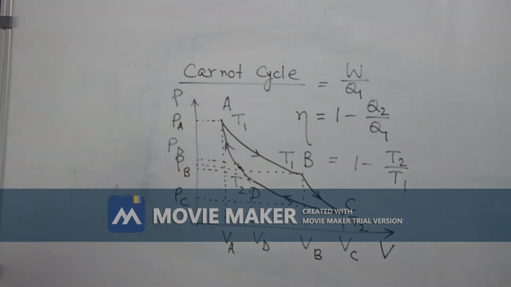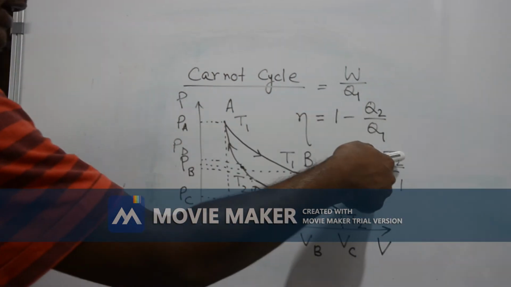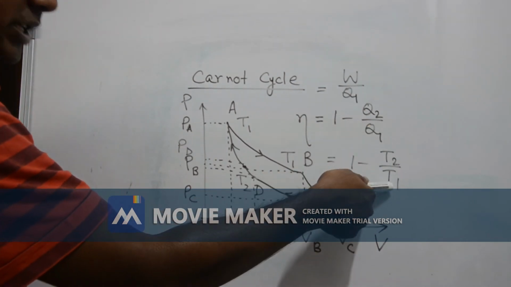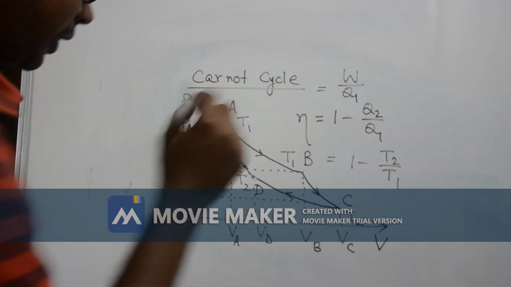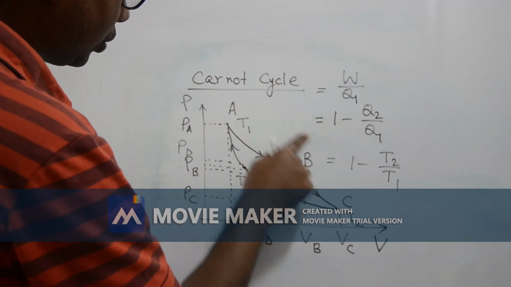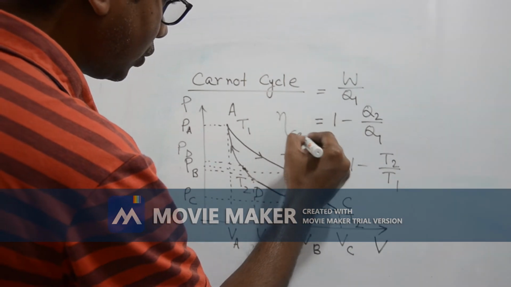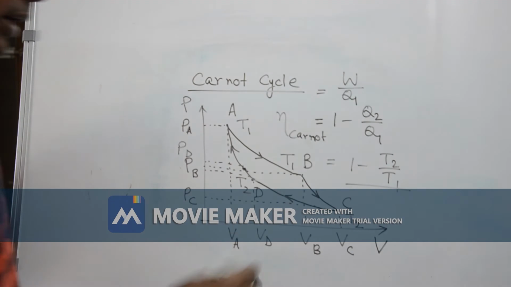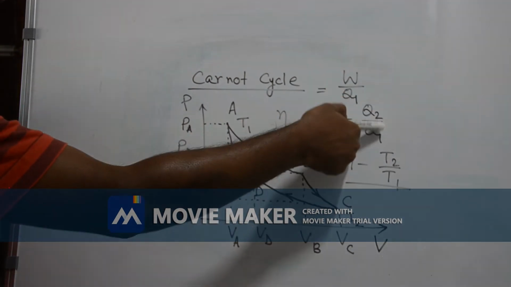So if we replace Q2 by the corresponding temperature of the sink T2 and Q1 by the corresponding temperature of the source T1, then this will be exactly the expression for the efficiency of a Carnot engine. So eta Carnot can be written as, so we don't have to be dependent on the heat exchange.